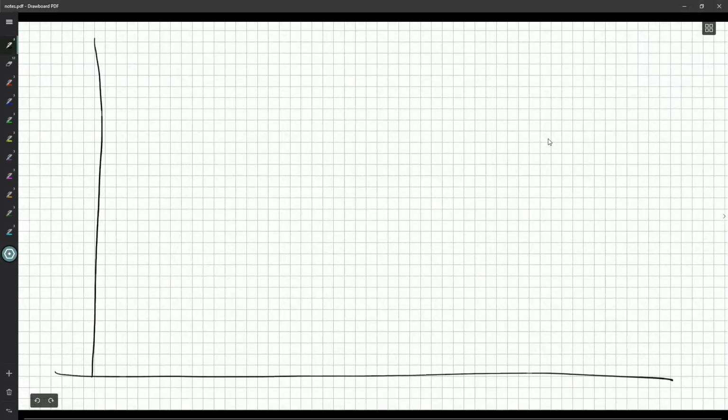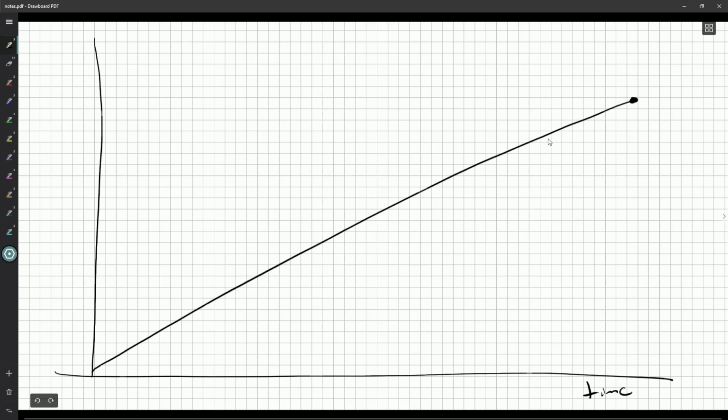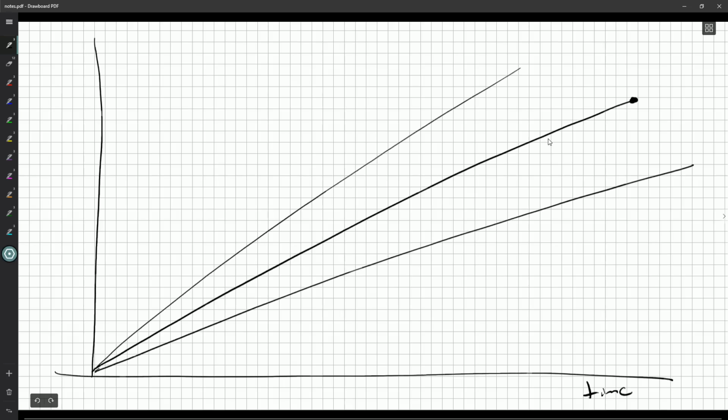So if, for example, I were to very quickly sketch the distances that they go. If we imagine Bob's speed graph looks a little something like this, and then Alice's might be something like this, or she might be faster, but it's a constant speed.